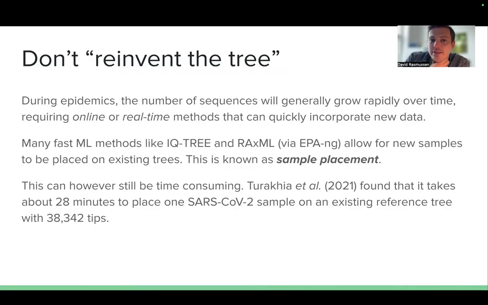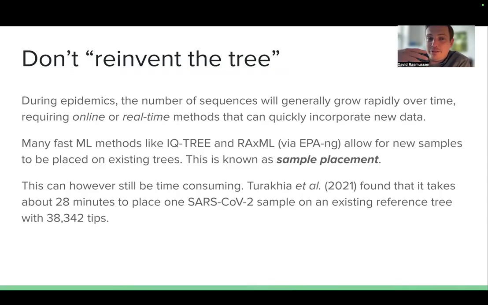And actually, there are maximum likelihood methods out there, including methods available within IQ-TREE and RAxML, that consider what's known as the sample placement problem, which is the idea of how we place a new sample on an existing phylogenetic tree. For truly massive data sets, the sample placement problem itself can be computationally intensive.